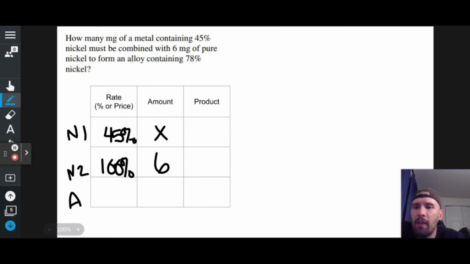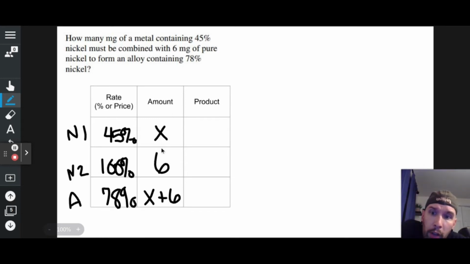To get 78% alloy. Now this mixture is x plus 6, because I don't know how much of the first, I do know how much of the second, so I get x plus 6 for my alloy, because you just combine them.